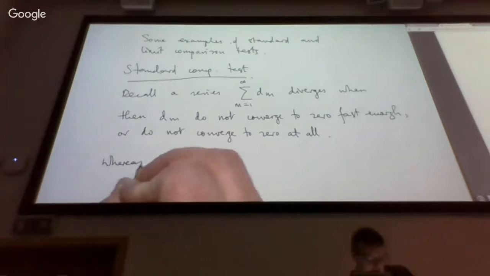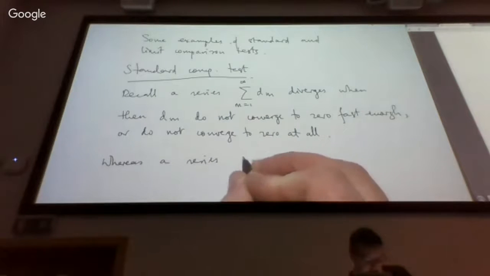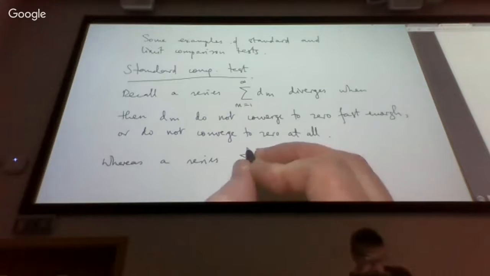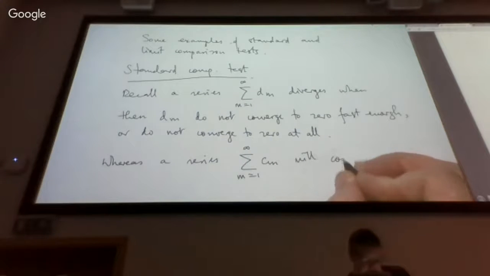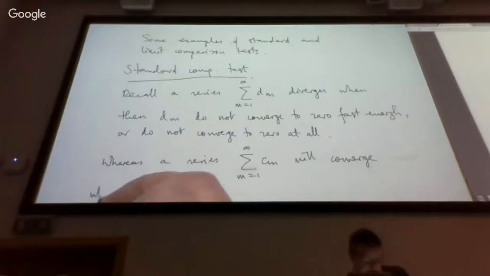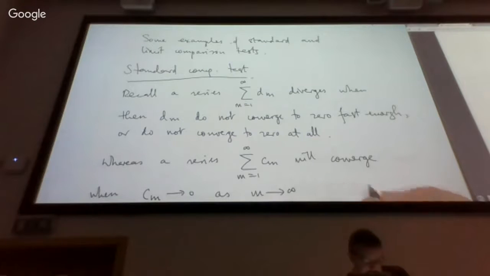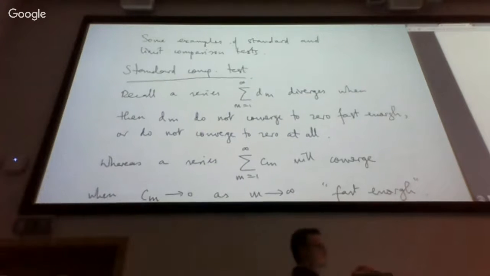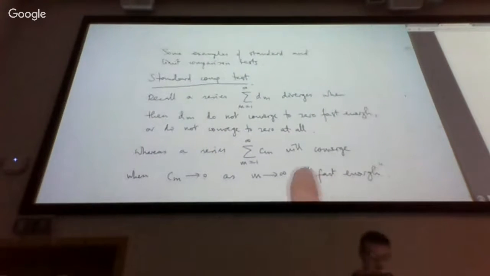Whereas a series, and I'm fitting in here with the terminology used in the statements of the tests, series c_m will converge when the c_m tends to zero as m tends to infinity, and I'll put in quotes here, when they do so fast enough. Okay? So converging to zero is a necessary condition. The terms converging to zero is necessary for convergence.